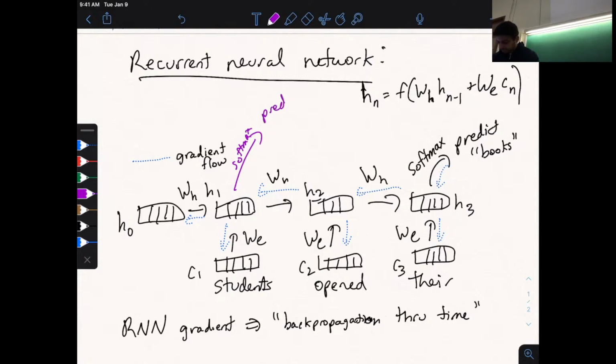And the goal will be to predict opened. And I can put one here also. And here I'm going to predict their. And now you can see that at 3 time steps, I have 3 different predictions.